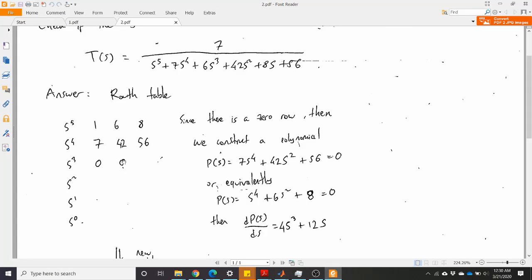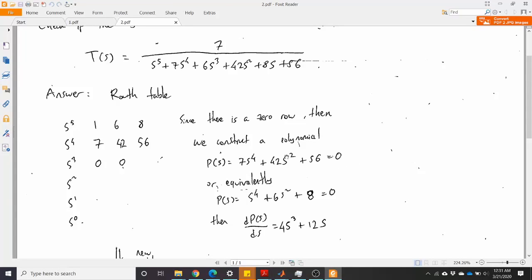To proceed with the Routh table, we need to do the following step. First, we take the row above the 0 row, so 7, 42, 56, and form a polynomial. Since 7 is the coefficient of s to the fourth, the polynomial on this row is 7s^4 plus 42s^2 plus 56 is equal to 0, because it's a polynomial.